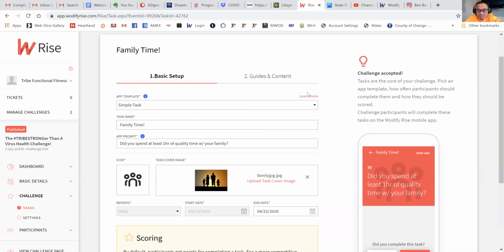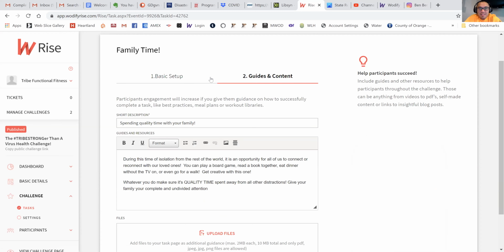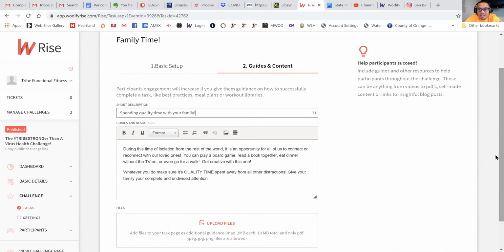If you don't have family, if you're living alone, maybe go ahead and FaceTime or call a loved one or call a friend and have a conversation with them for an hour. Whatever it is, family time, friend time, just get out, do something together, okay? Or just break the normal monotony of the day and do something together, right?